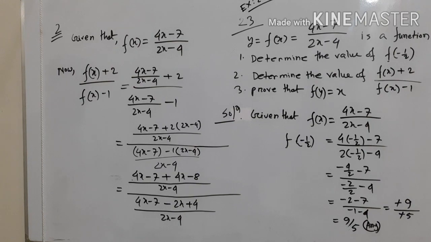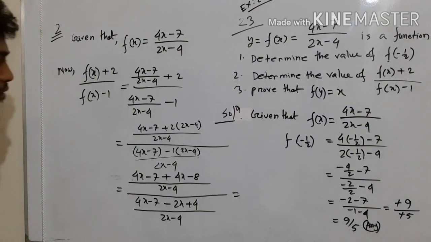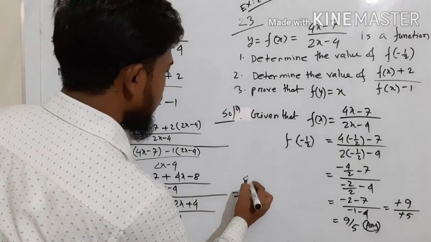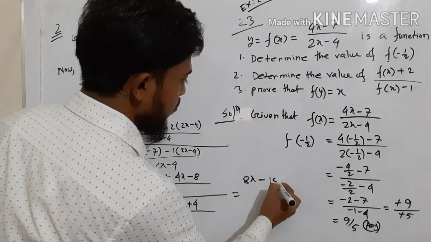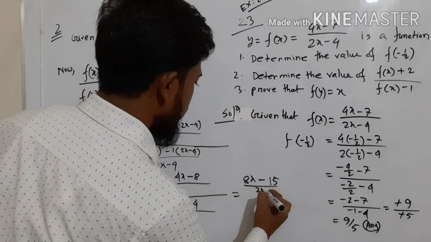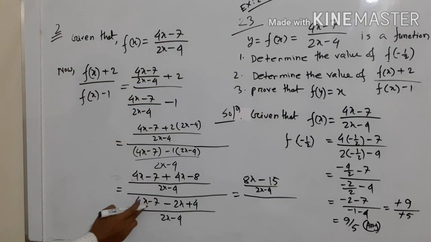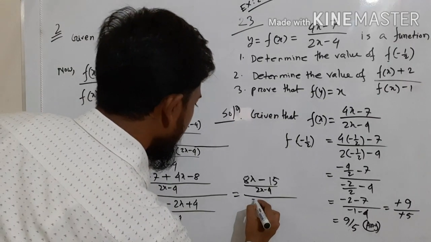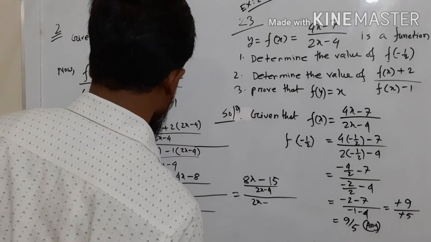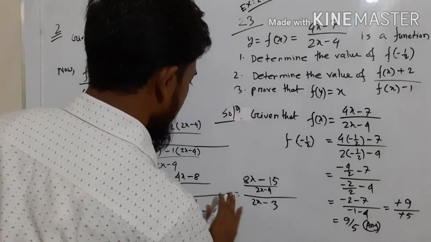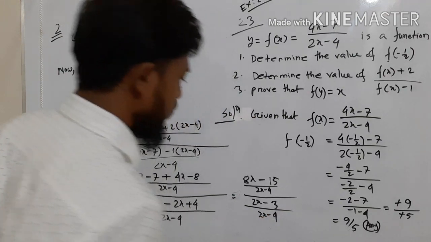So, here we can write 4x plus 4x, that is 8x minus 15 divided by 2x minus 4, divided by 4x minus 2x, that is 2x, minus 7 plus 4, that is minus 3, divided by 2x minus 4.